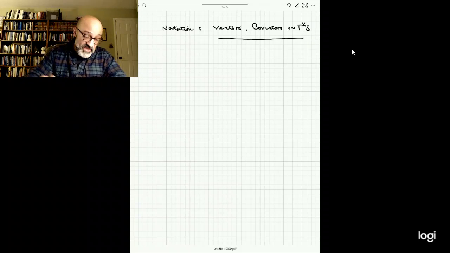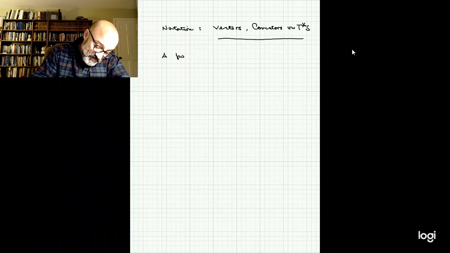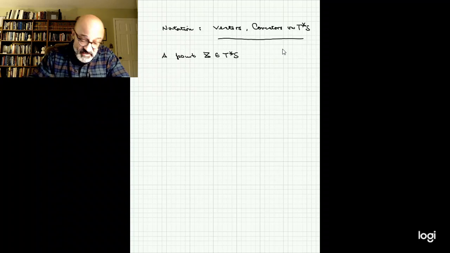The way we're going to represent a point X in the space T*S, the cotangent bundle, is with coordinates.